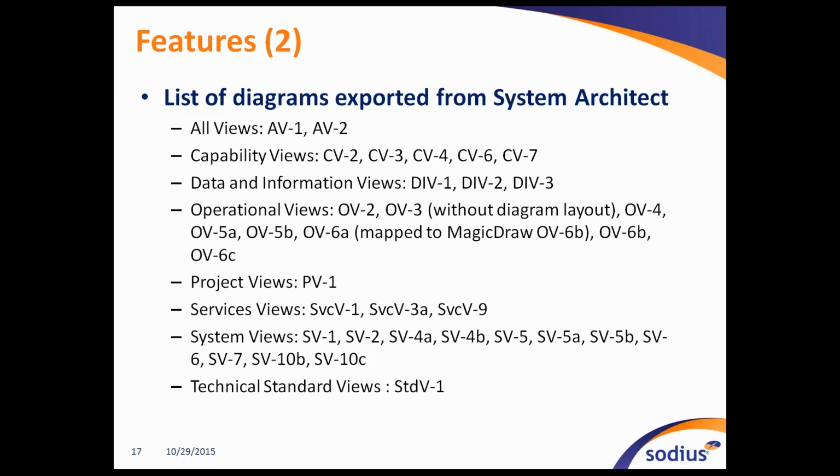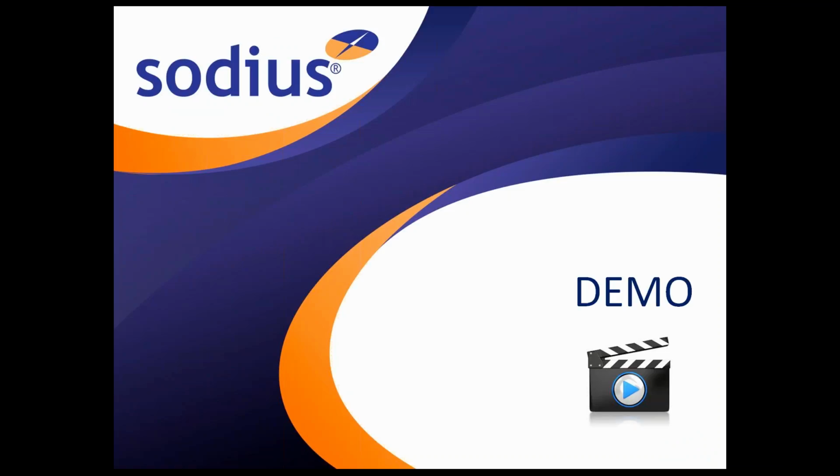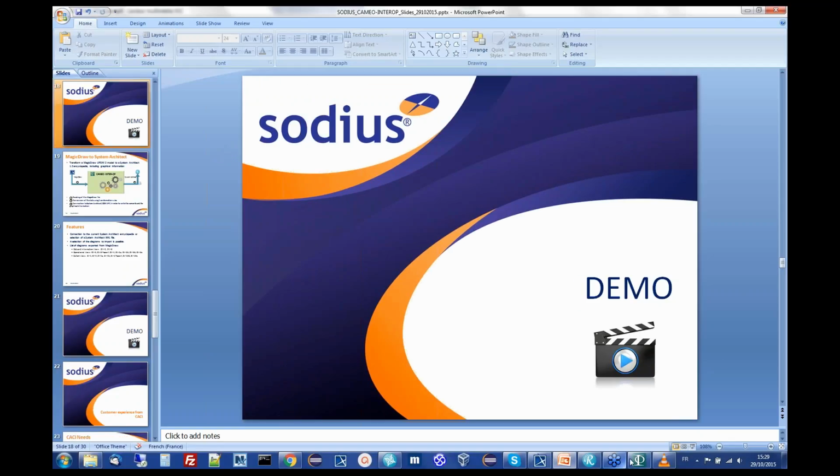Project view PV1, service views SVCV1, SVCV3A, and SVCV9. The system views SV1, 4A, 4B, 5, 5A, 5B, 6, 7, 10B and 10C, and also the technical standard view, StdV1.